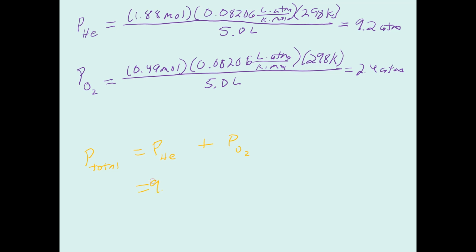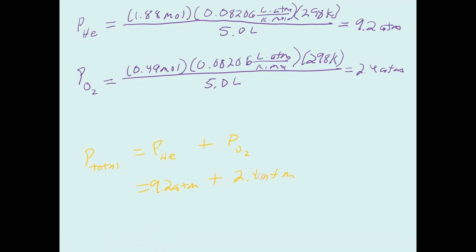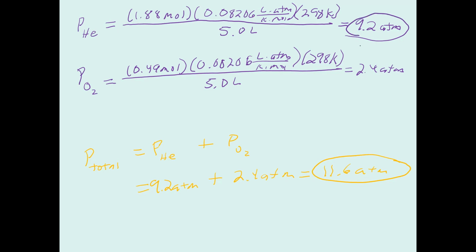So if we take the 9.2 atm that we came up with plus 2.4 atm, that comes out to 11.6 atm as our total pressure in the container. And these are partial pressures for each gas.